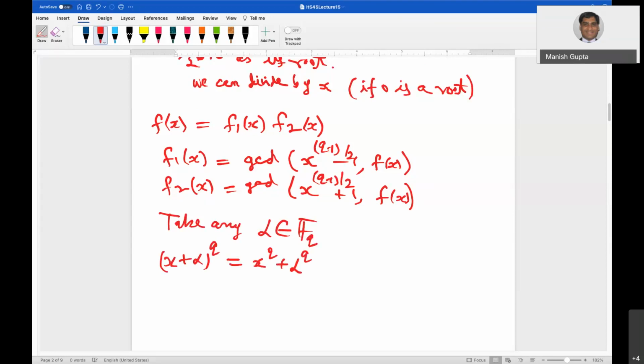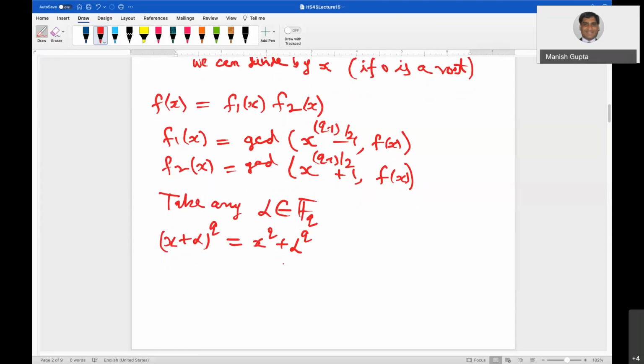The other middle terms will all become zero because the characteristic is q. Okay, when we expand, and now since alpha raised to q is equal to alpha, because it's a finite field with q number of elements, this is nothing but x raised to q plus alpha. Therefore, (x plus alpha) raised to power q minus (x plus alpha) turns out to be x raised to power q minus x, right? We can just subtract.